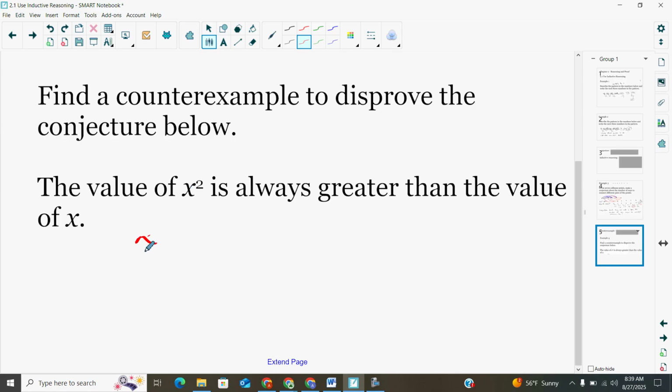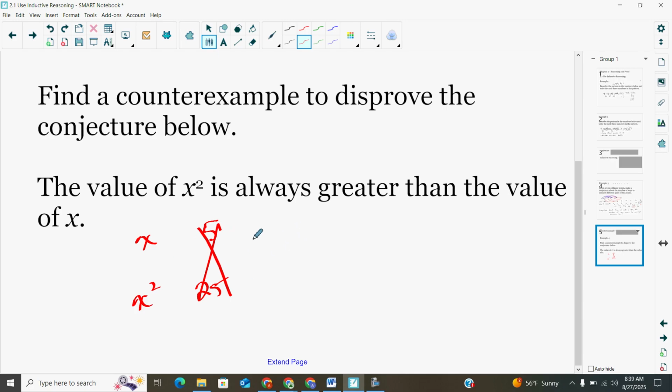So we're thinking about x and x squared. We need to come up with an example that shows that this isn't always true. Well, pick a number for x, 5. X squared is 25. Well, x squared is greater than x here. So that's not the counterexample we're looking for. We're trying to come up with something that proves that this is not always true.